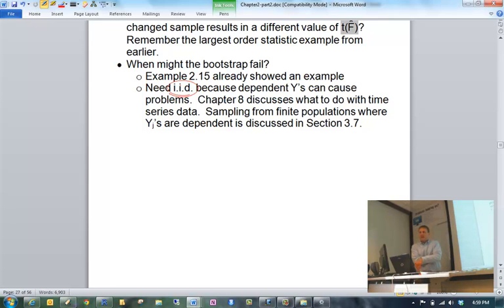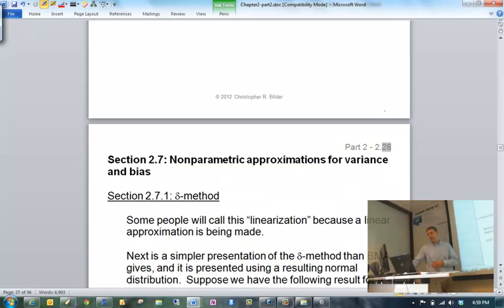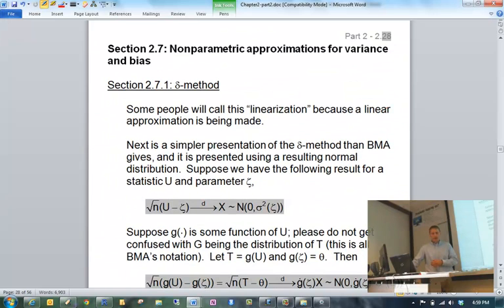Chapter 8 discusses what you can do. There's been a lot of research done on that. And also, if you're sampling from finite populations, well, it causes some dependence amongst the Y's. And what can you do? There's some stuff in section 3.7 that allows you to do some fixes too. So, okay, page 28 then.